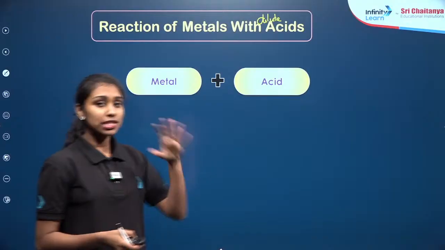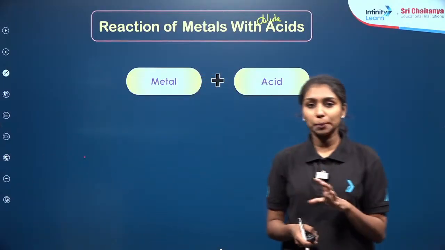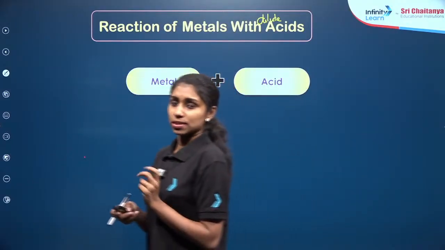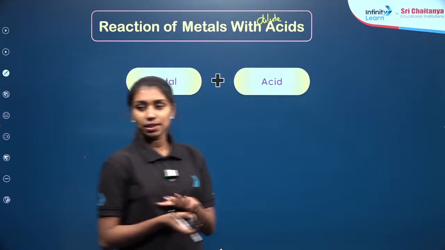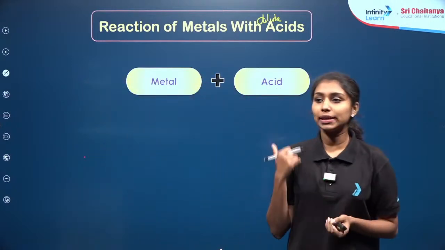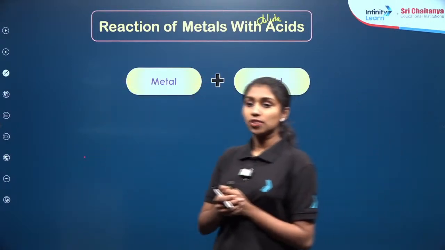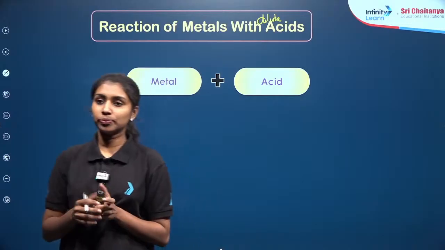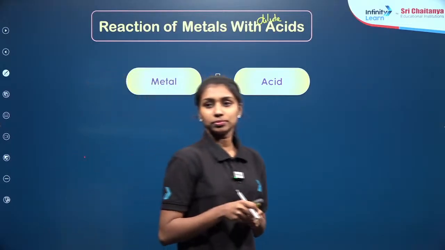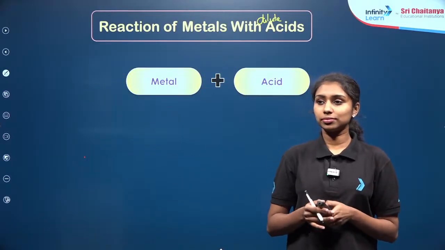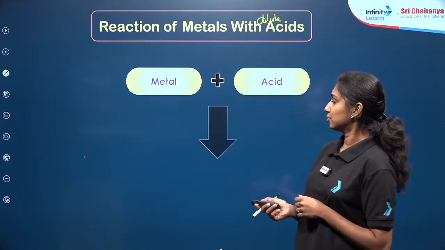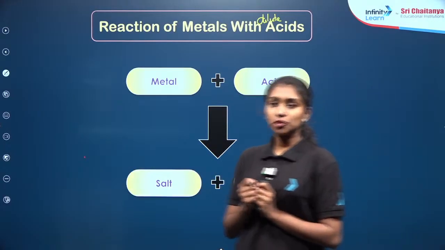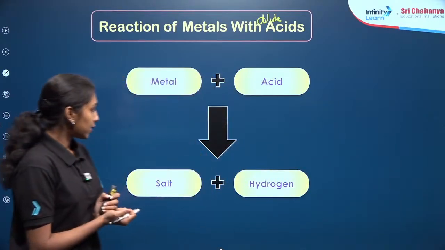Metal plus acid, as you have already discussed in your first chapter, Chemical Reactions and Equations, and second chapter, Acids, Bases and Salts. You have already studied the reaction of metals with acids. So what will be the product? It will be a salt plus hydrogen, right?